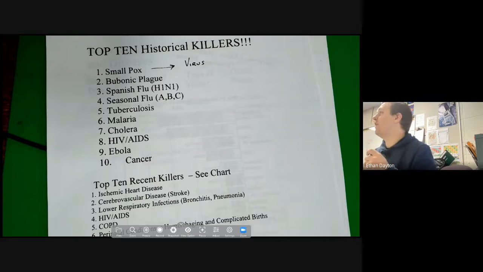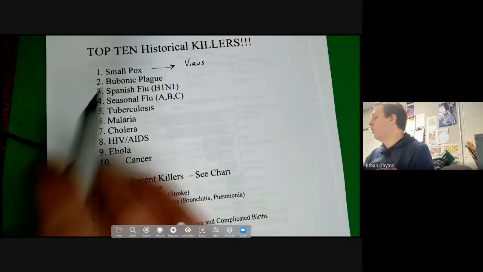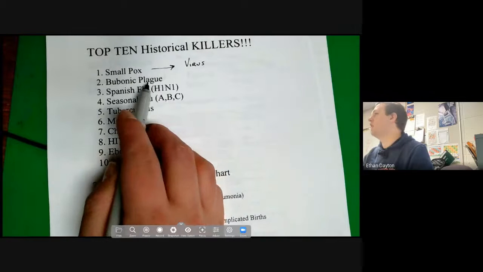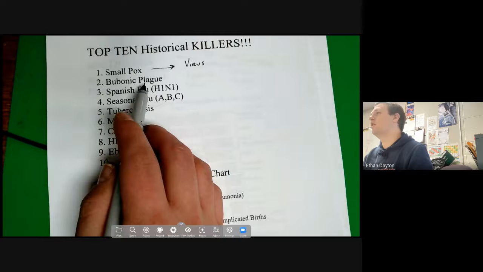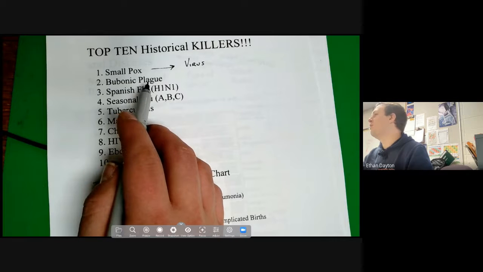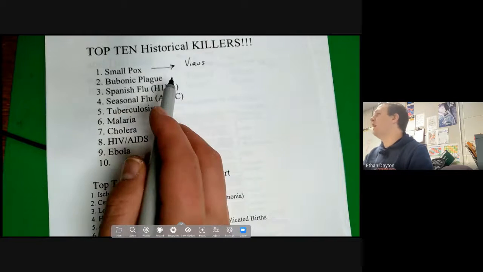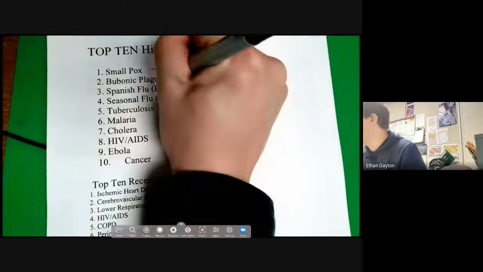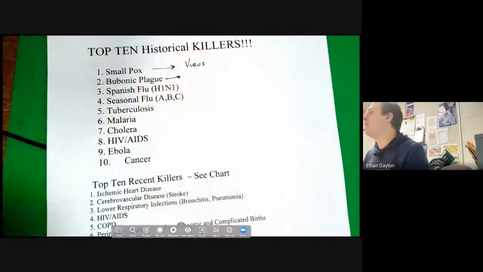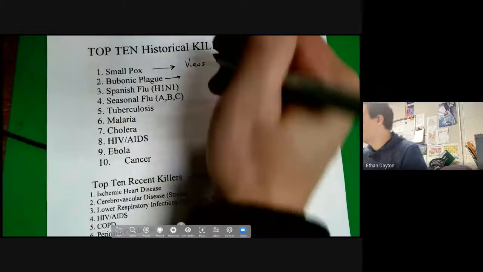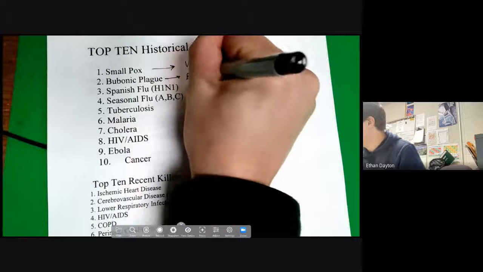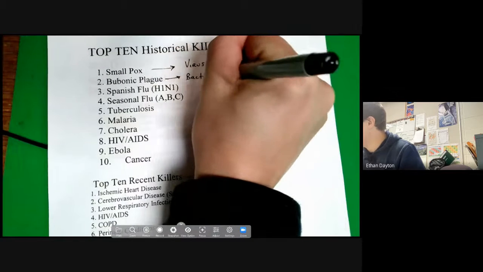The fleas infect the rats, and then the rats bite you, and then you can spread it to others. Do you know if this is caused by a virus or not? No, it's not a virus. It's a bacteria, a bacterium.